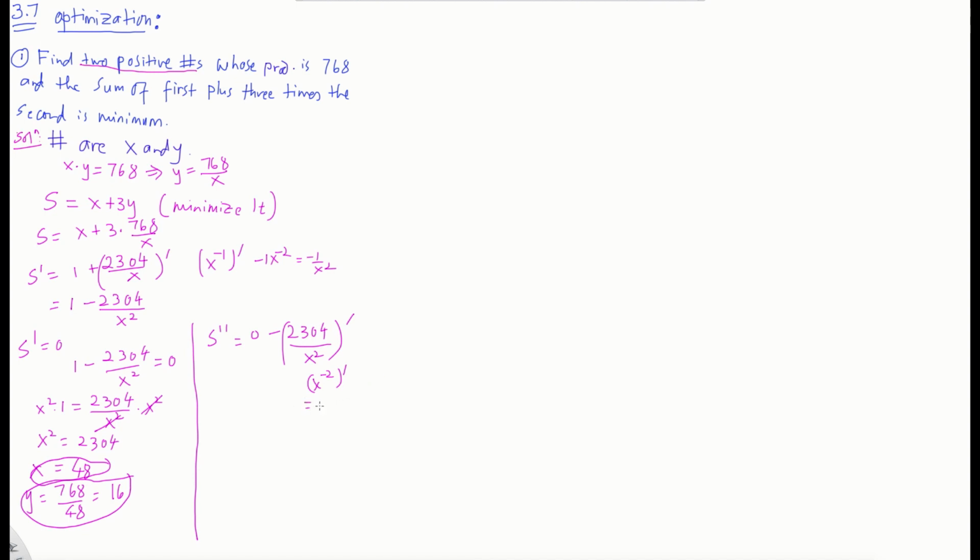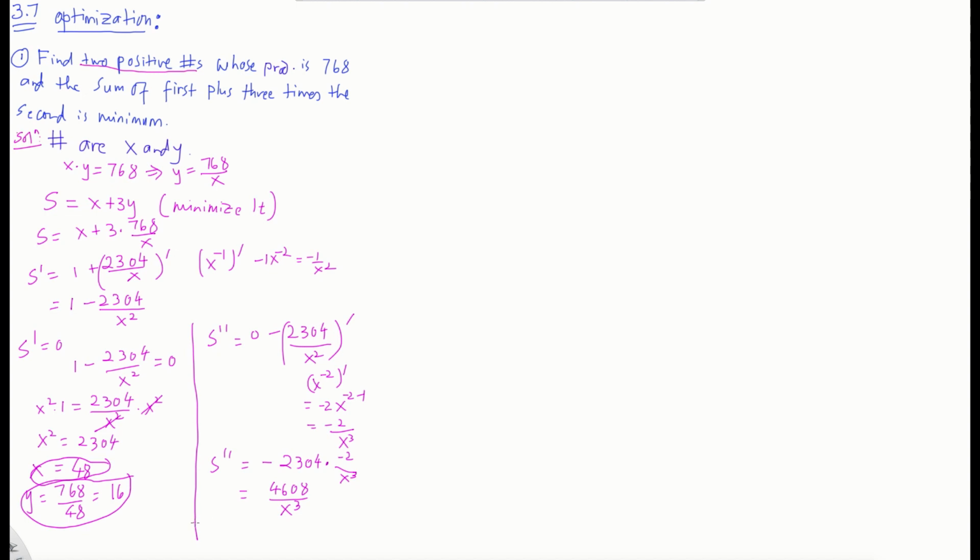So you get -2 x to the -2 minus 1, which becomes -2 divided by x to the third. So s double prime equals negative 2304 times -2 over x to the third, which is 4608 over x to the third.